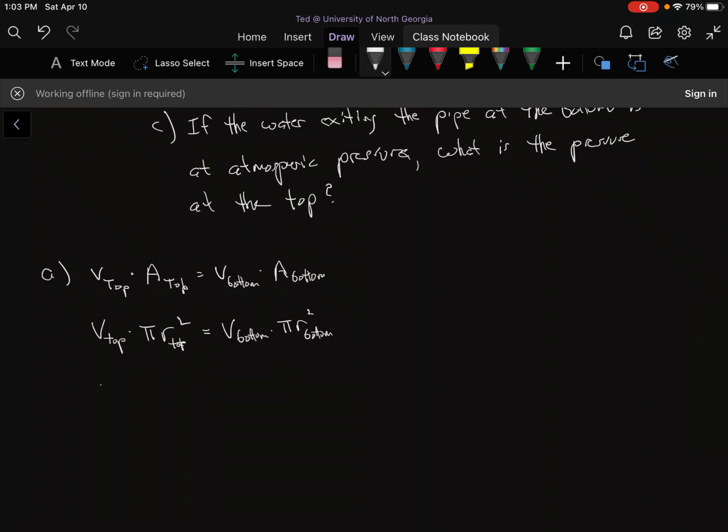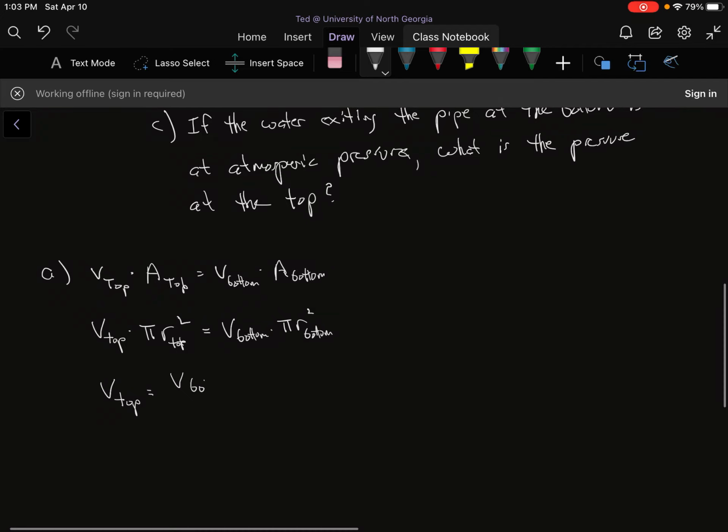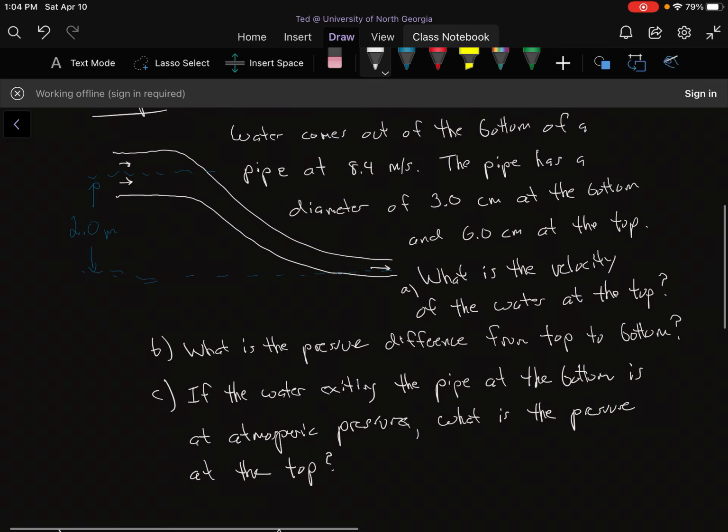So I'm going to solve this for the velocity at the top. The velocity at the top is equal to the velocity at the bottom times pi r bottom squared divided by pi r top squared. We can cancel the pi's. The velocity at the bottom was 8.4 meters per second.